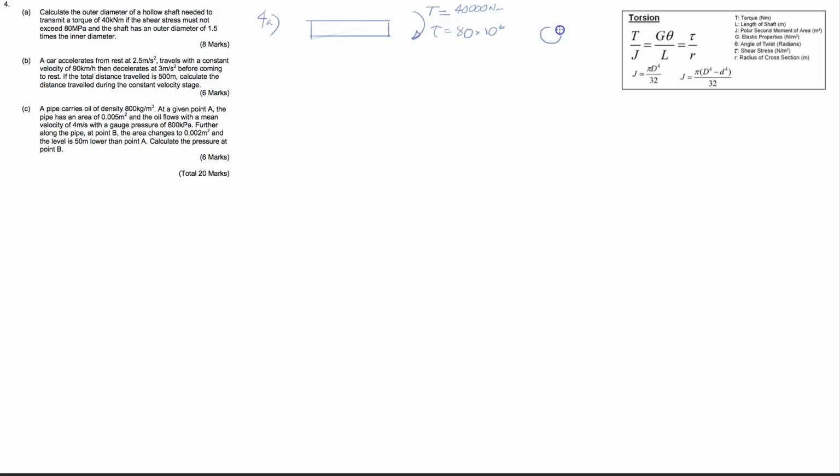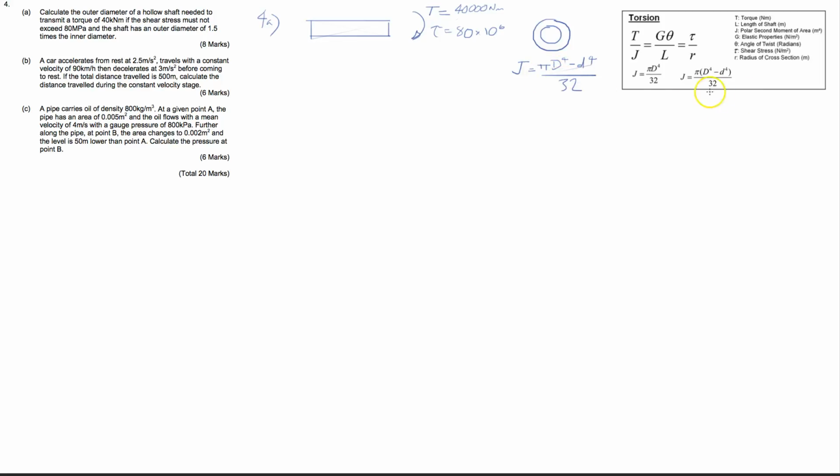We've got a standard pipe type thing here, where J, this polar second moment of area, this is what we know as I usually, but when we're talking torque terms, we've got J. So J is equal to pi (D to the 4 minus d to the 4) over 32 rather than 64.